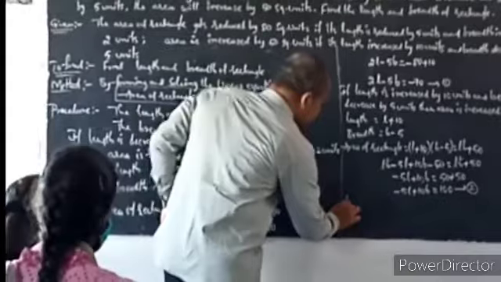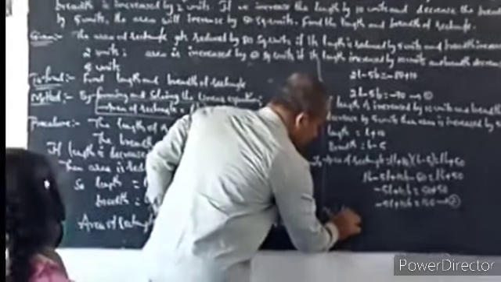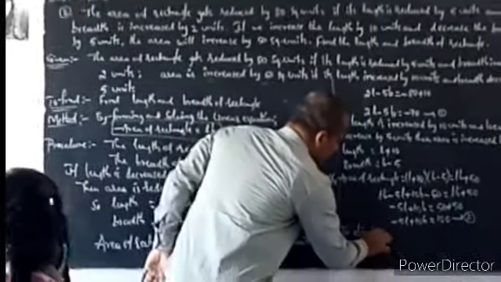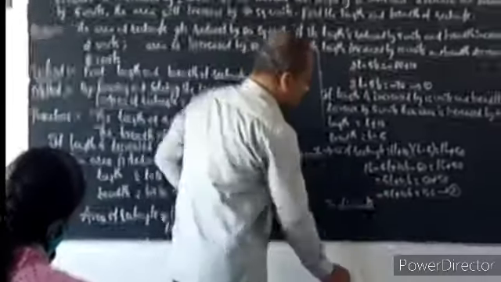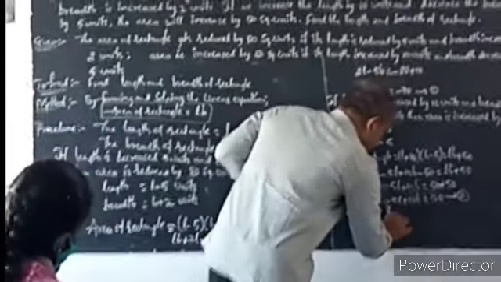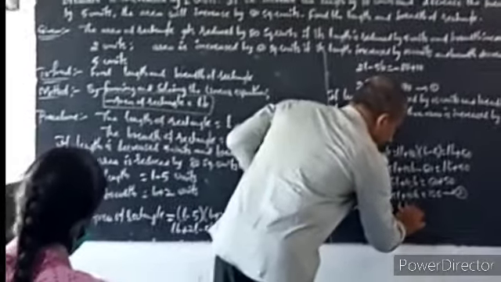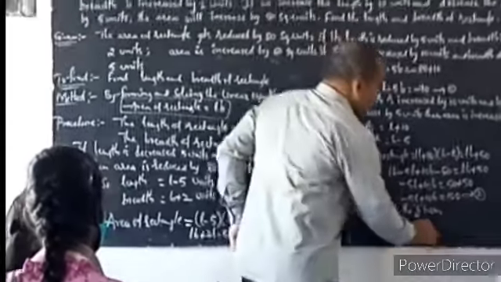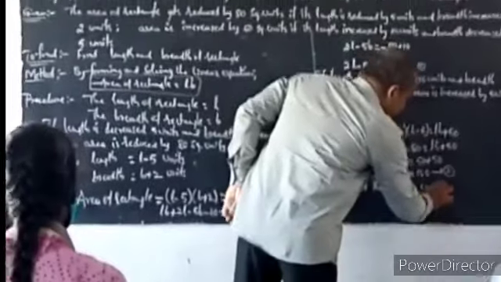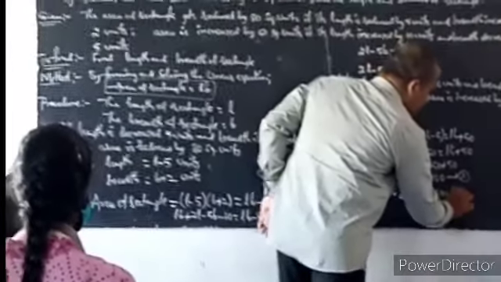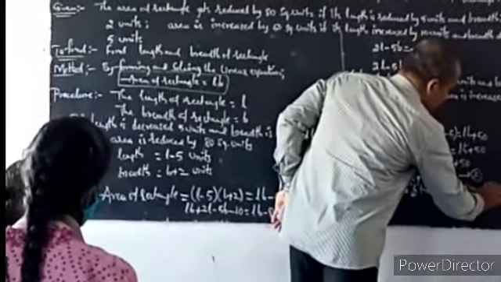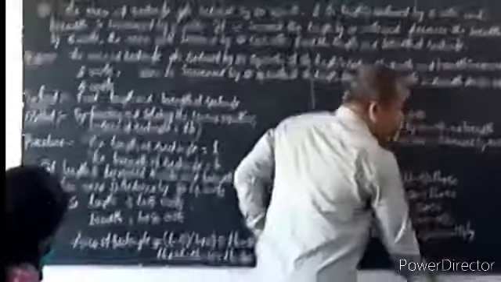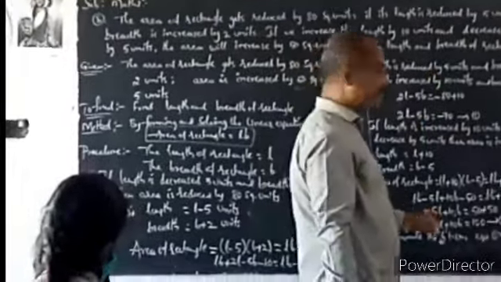Okay, now to eliminate any term, either B or L. To eliminate the B term, to eliminate B, equation 1 multiply with, you have to equate the coefficients of B now.